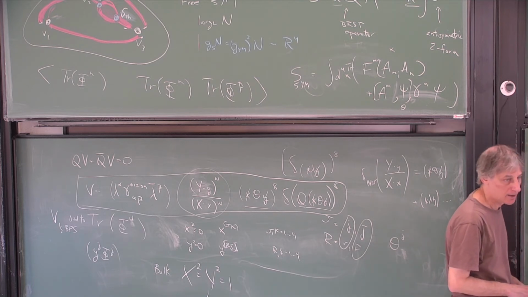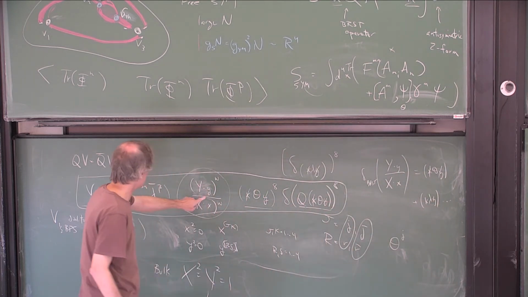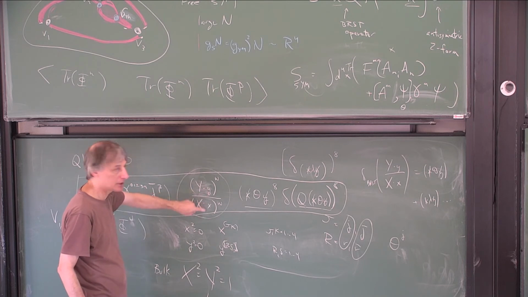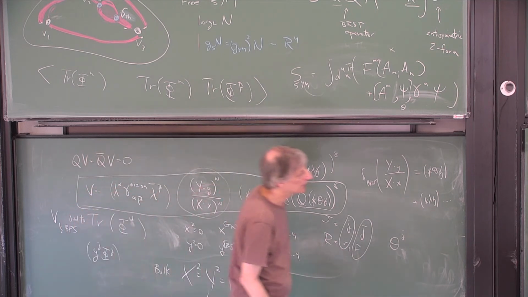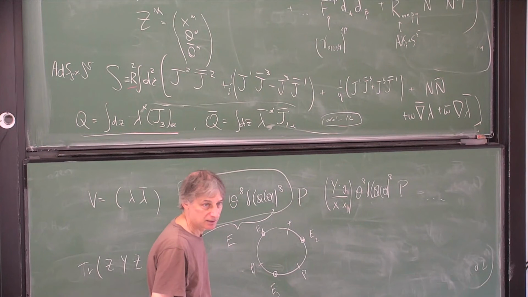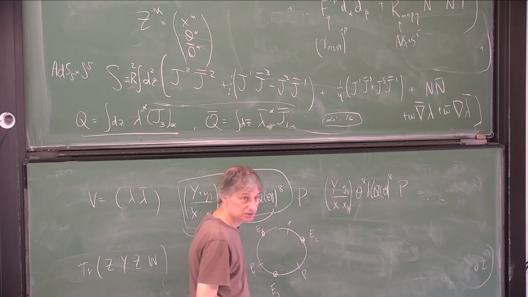I thought you're considering trace phi to the W. So this one is half BPS, there's only one small y. Right, so if all of these y's and x's are the same, then it's half BPS. If you take only one of them, you get away from BPS and allow it to be different. So now it's general.